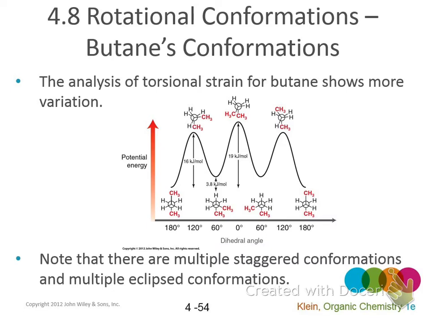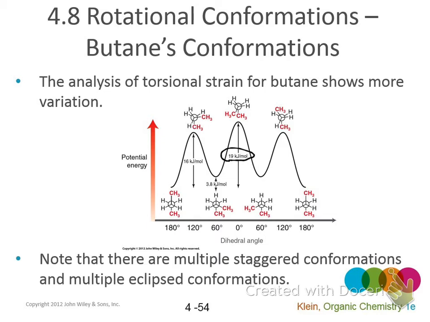That energy is 19 kilojoules per mole. That's as they pass, they go from gauche position to gauche position, right? As they pass through each other, in between these two positions, the energy of repulsion that's created is now 19 kilojoules per mole, higher than when it's eclipsed at 180, okay? 180 degrees apart from each other.